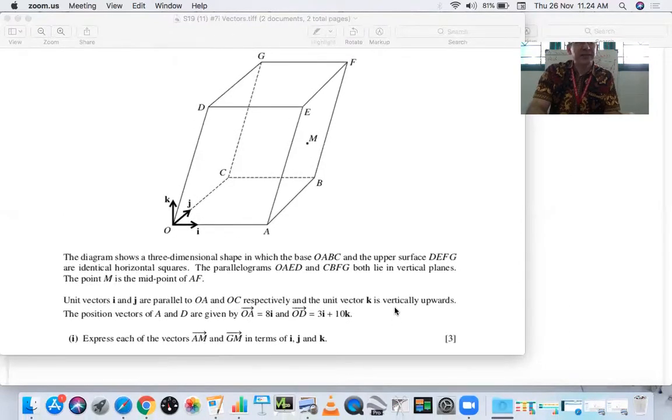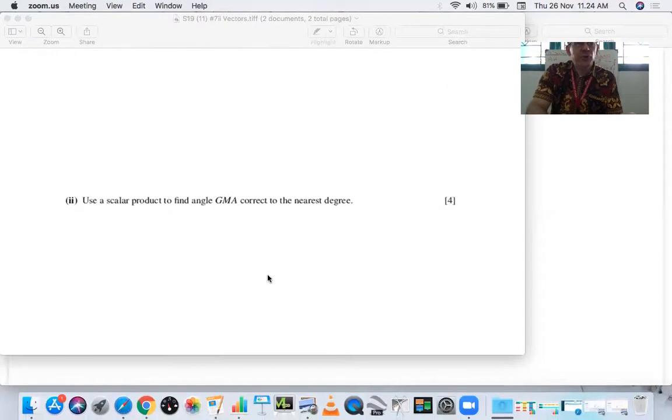Express each of the vectors AM and GM in terms of I, J, and K. That's what we want to practice in this video, getting your 3D vectors correct, because as you move forward, you're going to use those in what's called the scalar product or dot product formula.